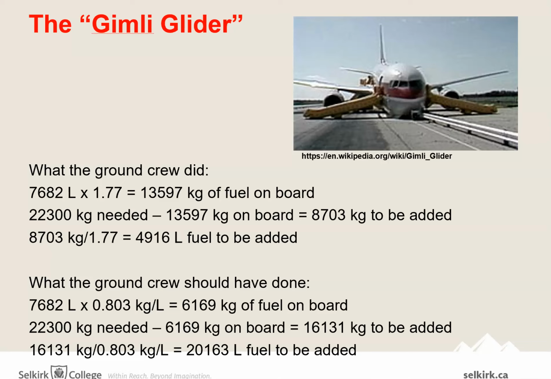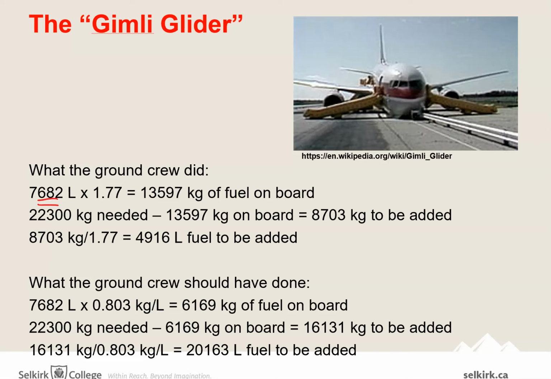What happened was that the fuel gauge on the plane wasn't working. And you can fly without the fuel gauge as long as the mechanics measure the fuel in the fuel tanks with a dipstick. So they measured the depth of the fuel in the tanks and converted that to liters, that way they had on board.